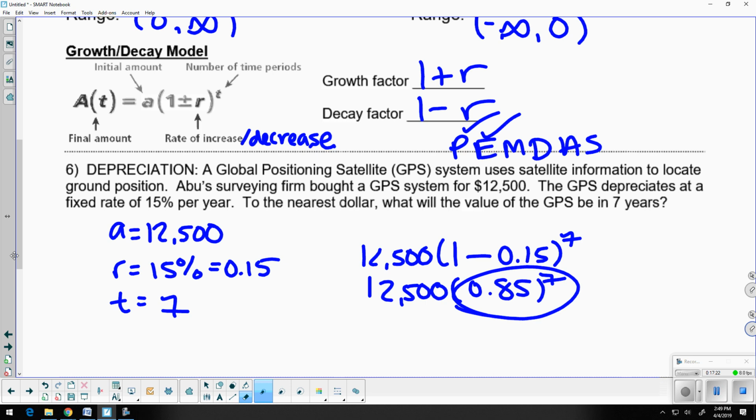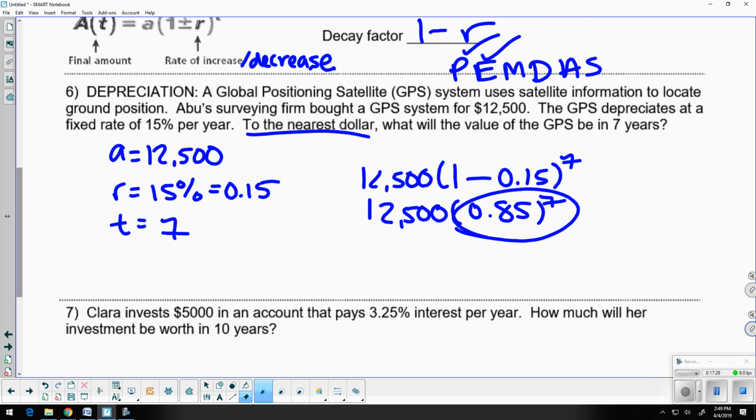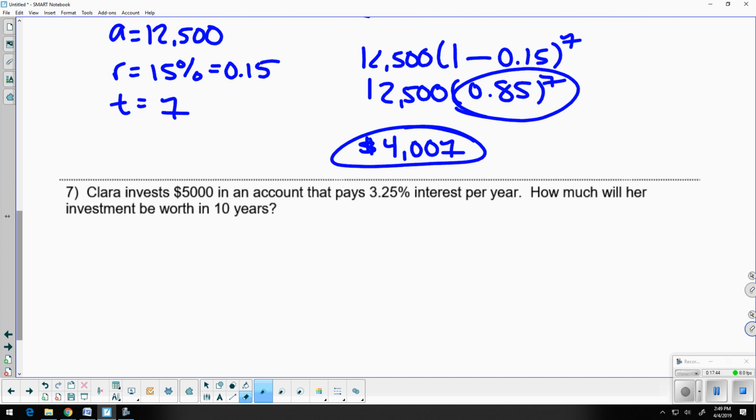But it does say to the nearest dollar, you want to actually round your answer here a little bit. So to the nearest whole dollar, what you should come out with, if you do this calculation, it comes out to be $4,007. So you bought the GPS system for $12,500, but only 7 years later, now it's only worth $4,007.